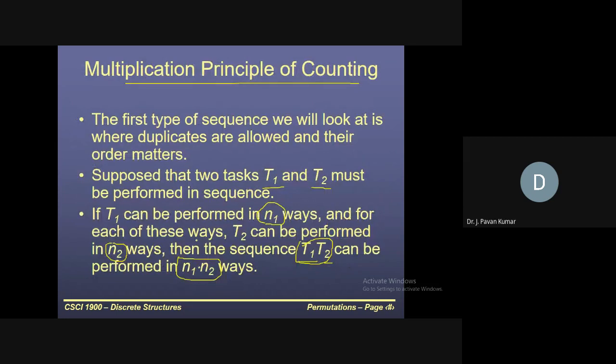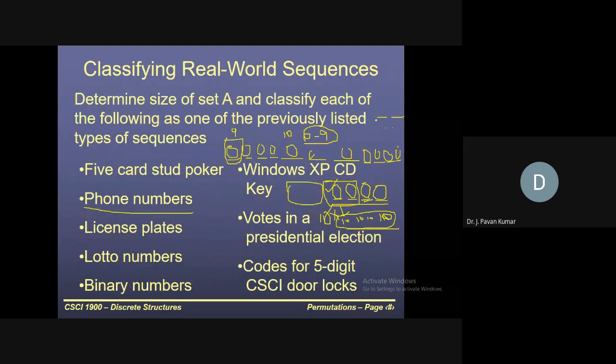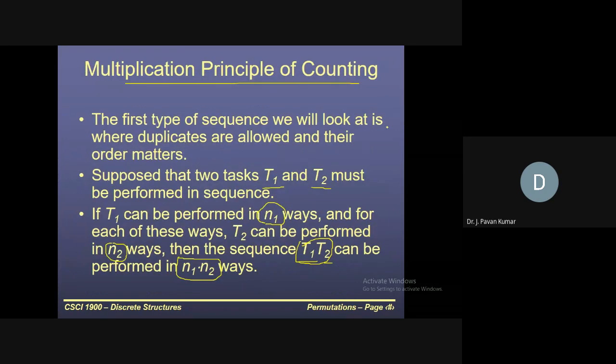Now, are we considering duplicates or not in this particular one? Yes, we are. Because here we considered 10 possibilities for the first digit and 10 possibilities for the second digit. Likewise, n1 ways, n2 ways, n1 multiplied by n2.